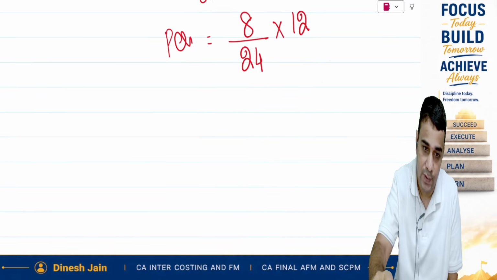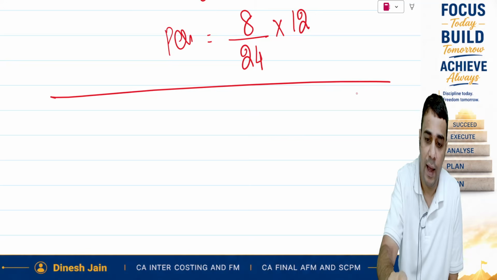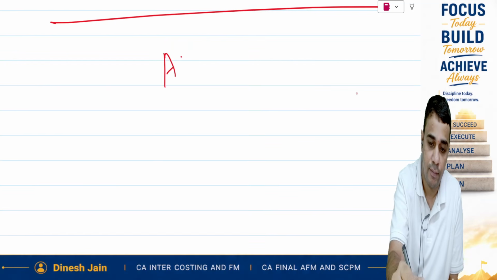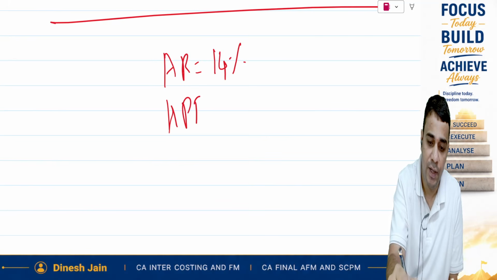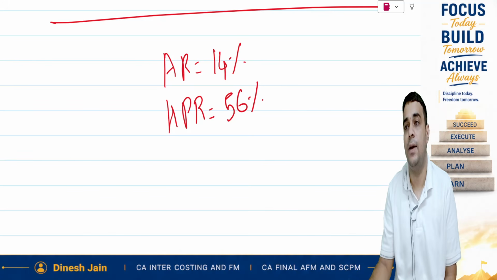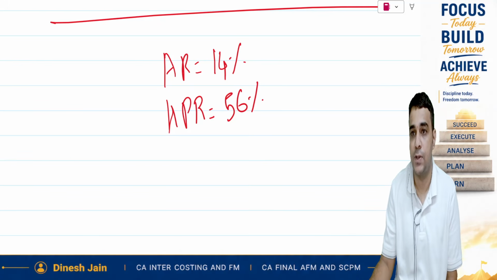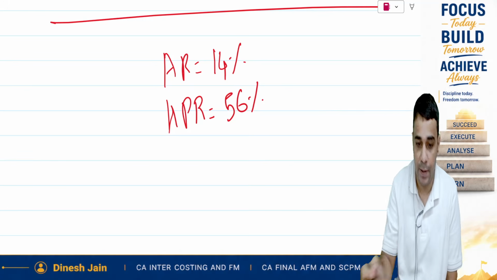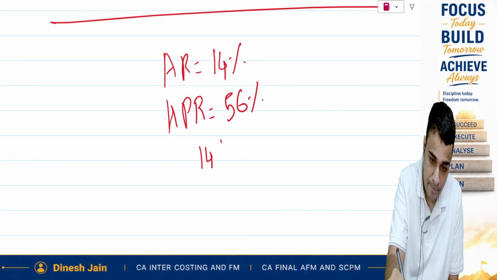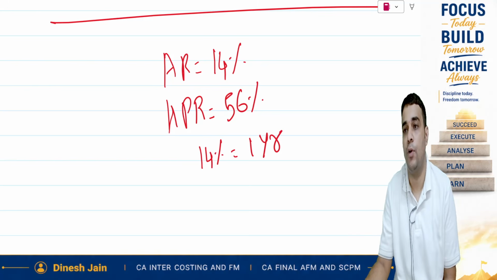I'll give another example. Annual return 14%. Holding period return 56%. Here I want to compare it with 1 year.